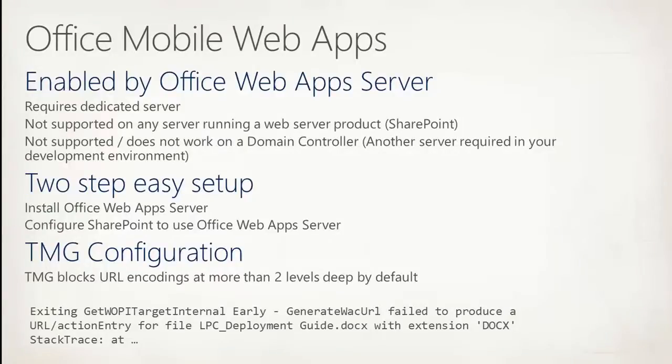One thing we just figured out a couple days ago was if you're running your SharePoint server and all your servers behind TMG, there's also a little extra configuration that you need to do.